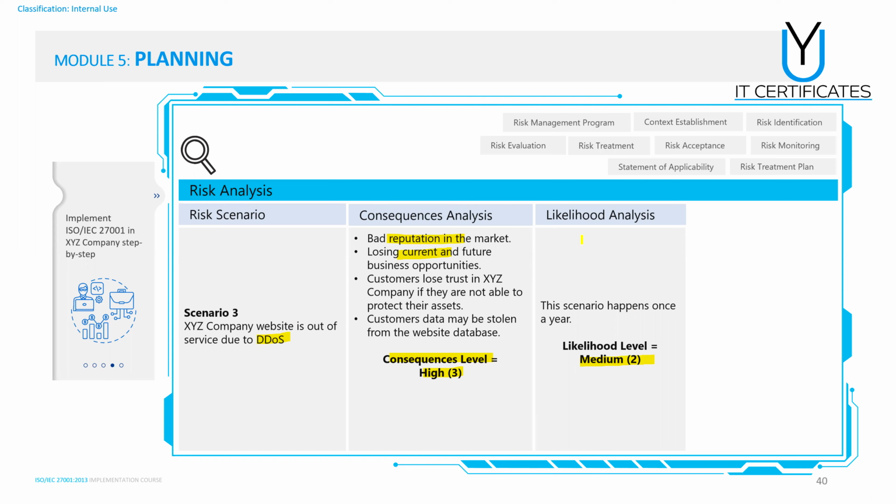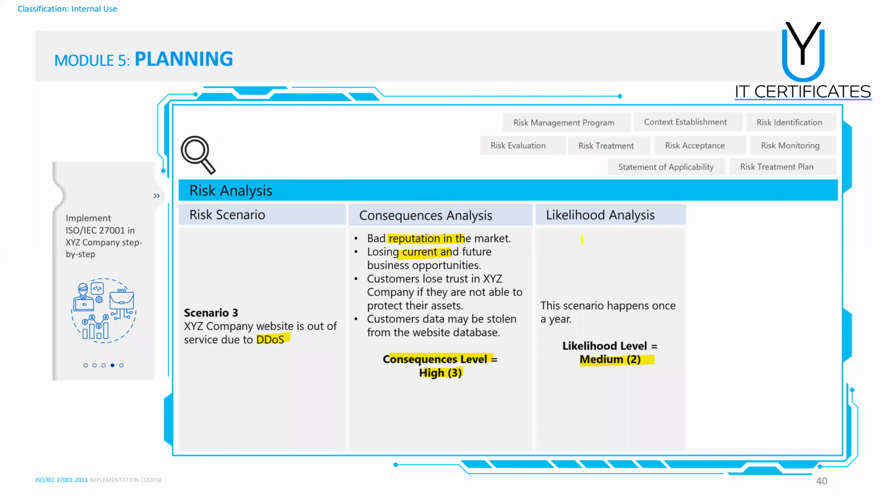You have to do a lot of brainstorming with the business owners, and if you have a consultant, you have to ask them, and you have to go back to the incident cases, if you have incident databases and so on. This will help you to understand these consequences and likelihood.